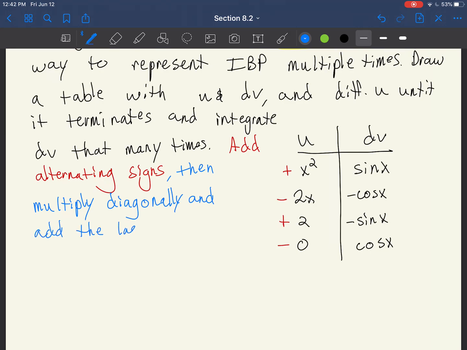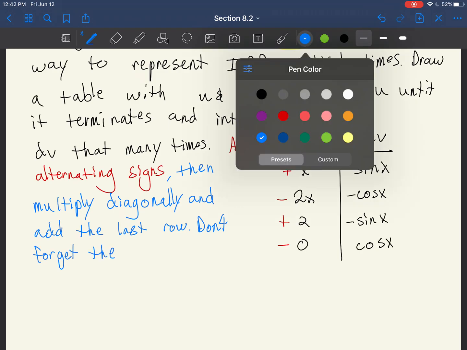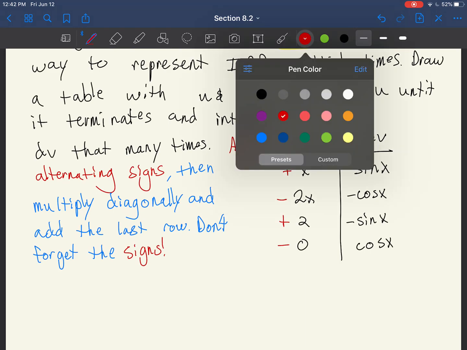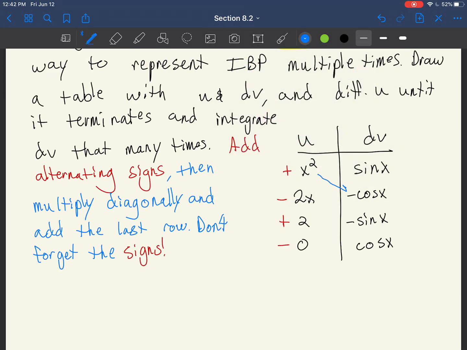And add the last row. Don't forget the signs that we just wrote down. Okay, so what does that look like? That looks like you're multiplying this, multiplying this, multiplying this, and then adding that.